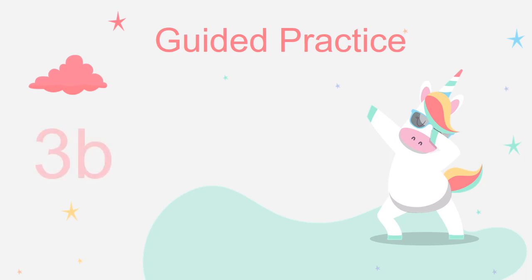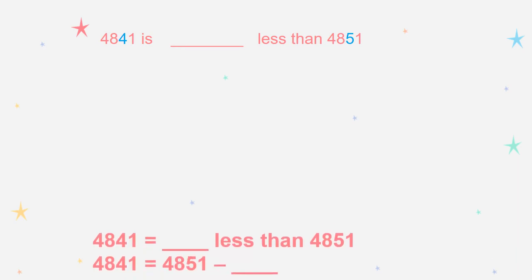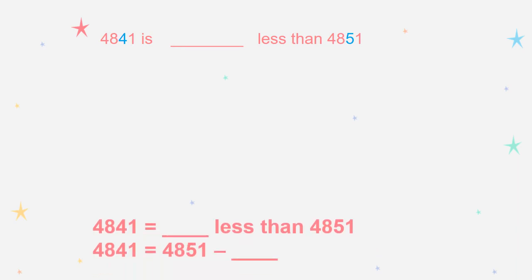Now we go to number 3B. 4,841 is blank less than 4,851. This is the question, right? So I write 4,841 equals 4,851 minus what? Minus how many?